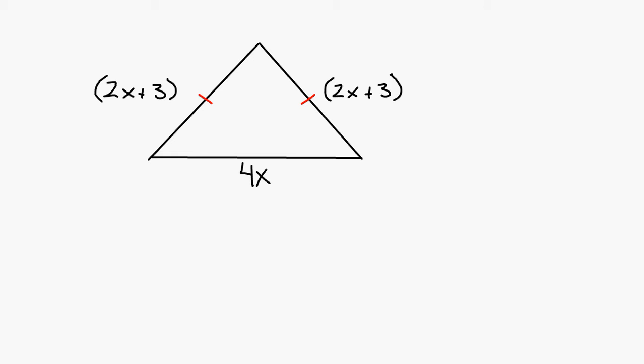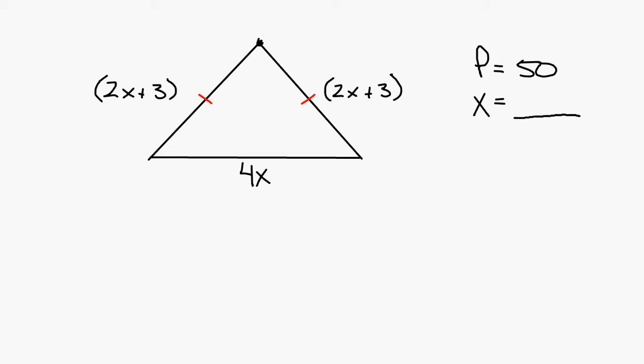And let's see. The triangle has a perimeter of 50. So the perimeter of this whole thing is equal to 50, and they're asking you to find the value of x. If the perimeter equals 50, that means the distance all the way around this triangle is equal to 50.